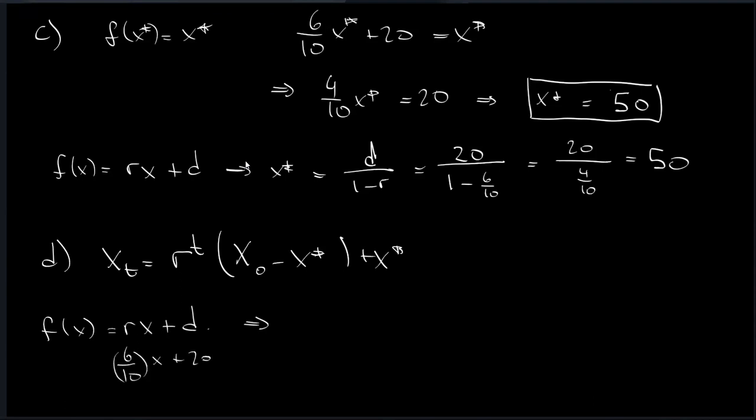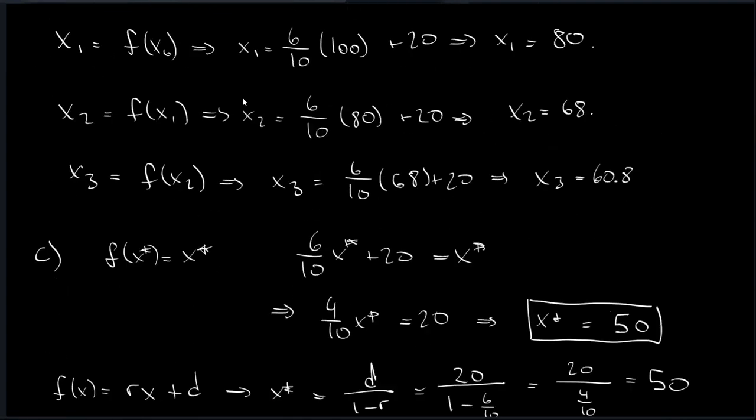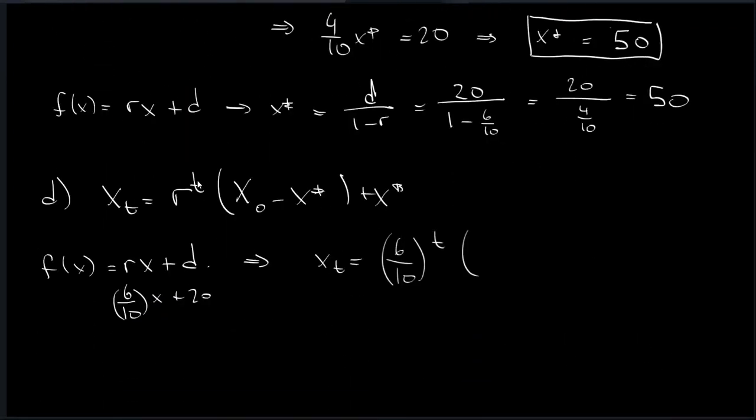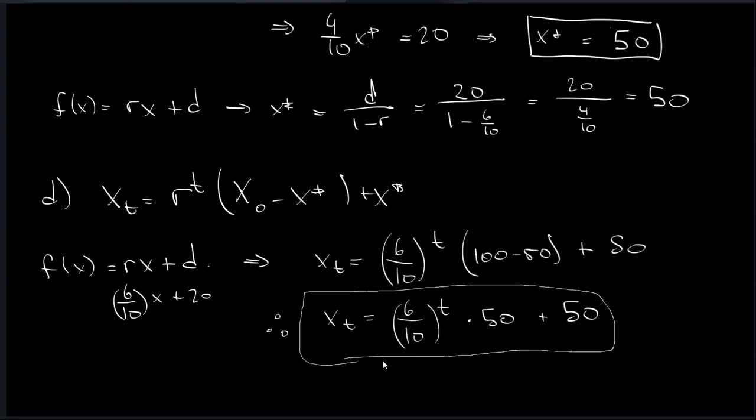So we can plug it in: we get 6 over 10 to the power of t, times X naught, the initial population of bees we were told was 100, minus 50, which is 50, plus the equilibrium population, which is 50. Therefore the general solution is 6 over 10 to the t, times 50, plus 50.